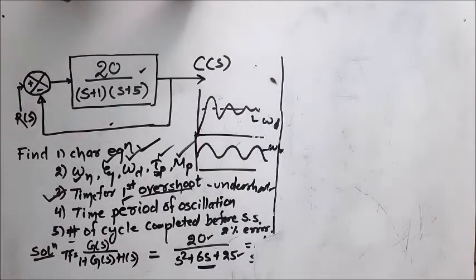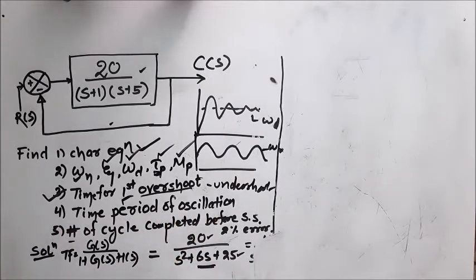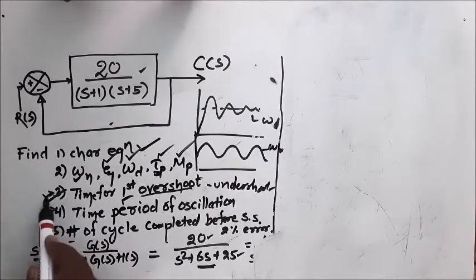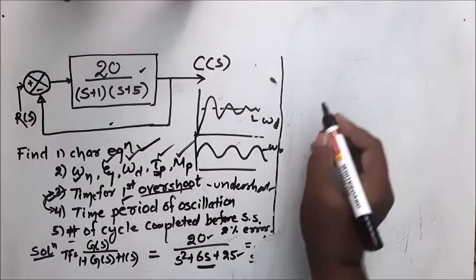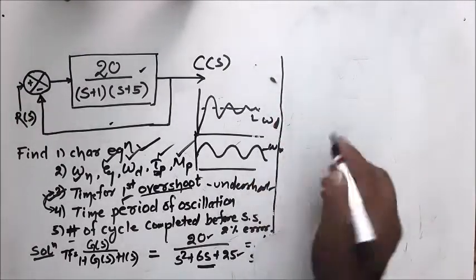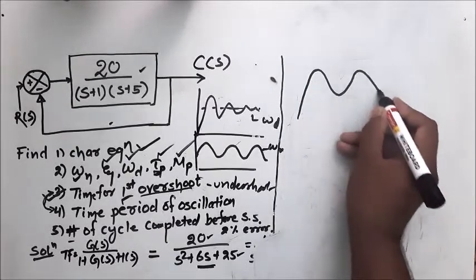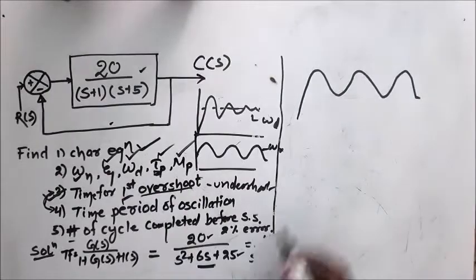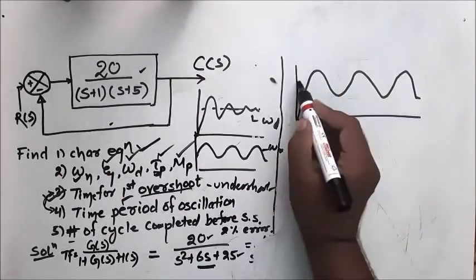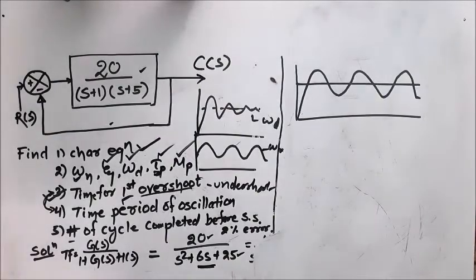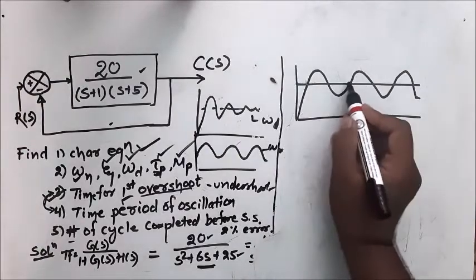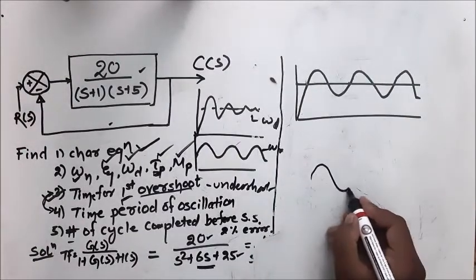Okay, let me try to solve the next question, that is the time period of oscillation. Let's just try to draw a simple underdamped system with the same amplitude, starting from 0. Can you find out what the time period is?